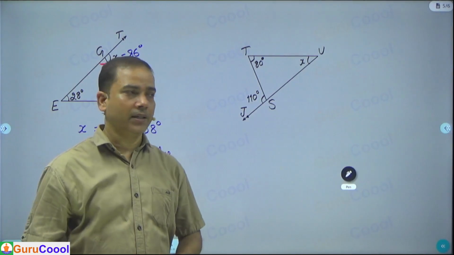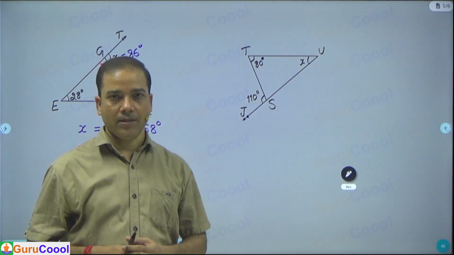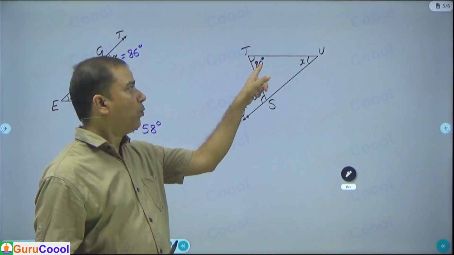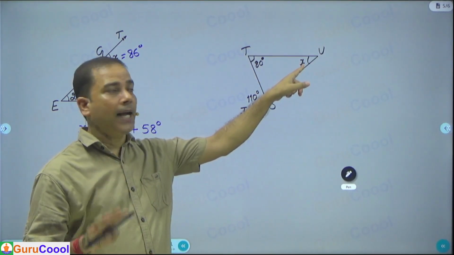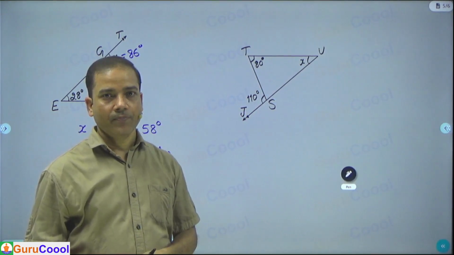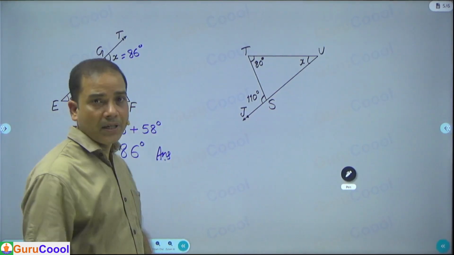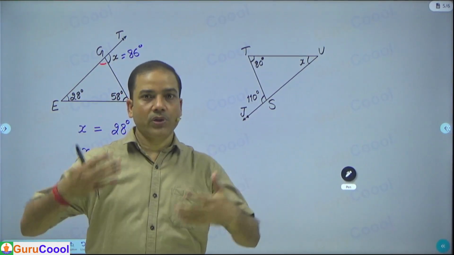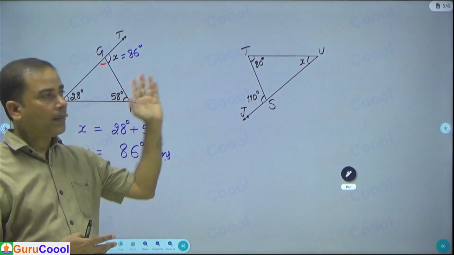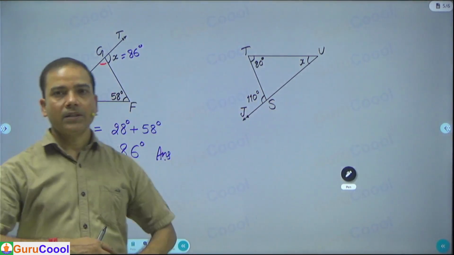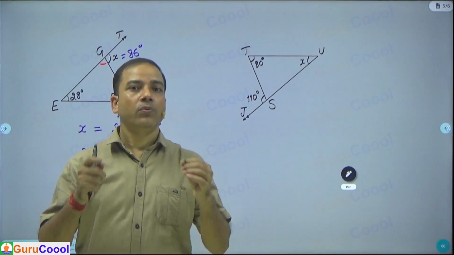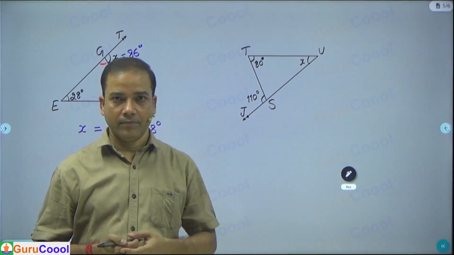We don't have to find it. 110 degrees. And notice one of the opposite interior angles is missing this time. x is one of the opposite interior angles, but we don't have to change the way. This question is different from the previous one, but our method is not going to change. We will behave in the same manner.